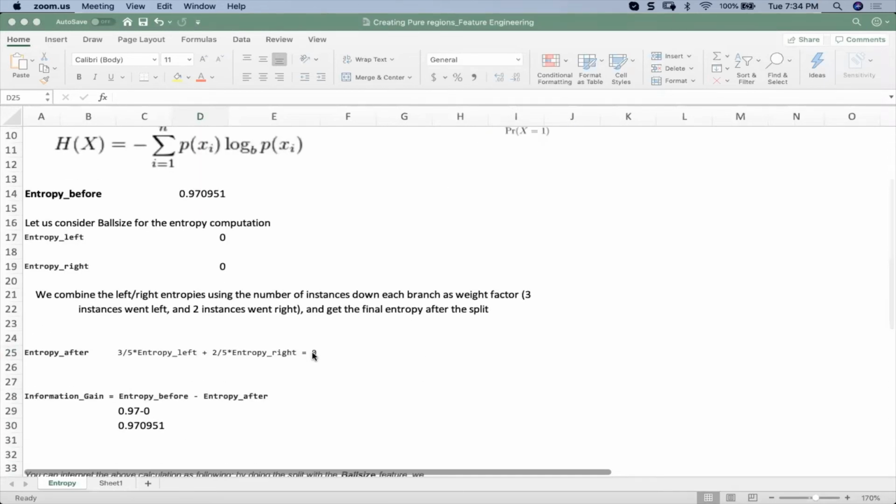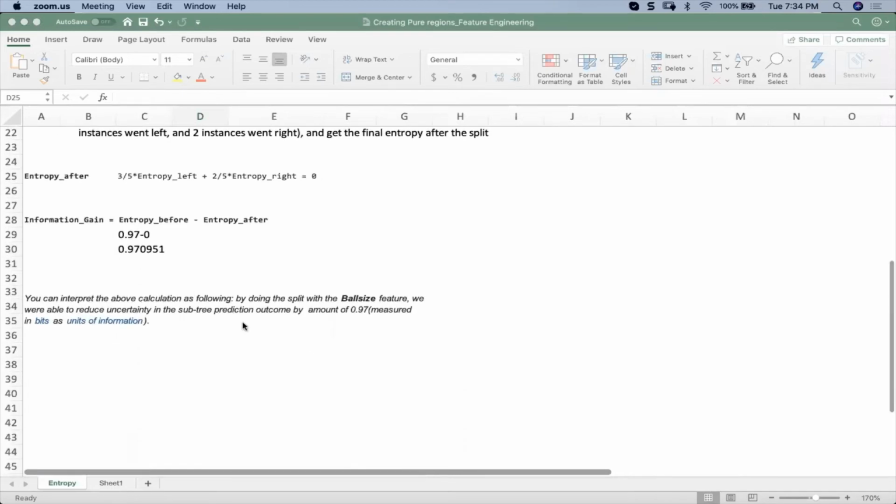Of course, that's the reason why you have error as 0 or entropy as 0, and you get the information gain. What that also means is, if you can use this ball size feature and split your tree, then there will be 0.97 bits of information in your model. That is the interpretation part.